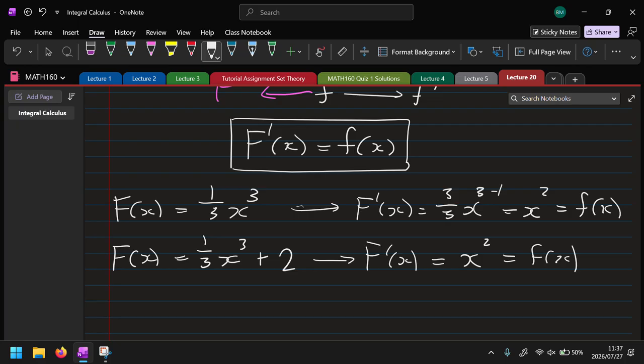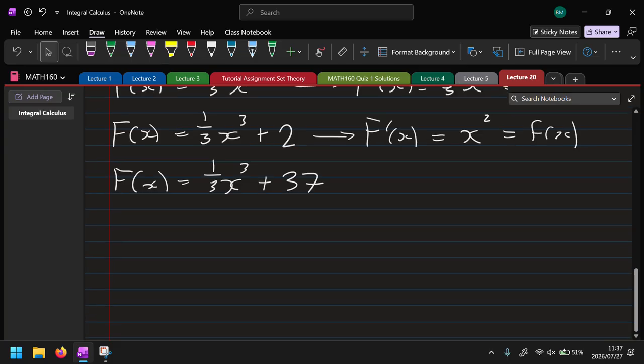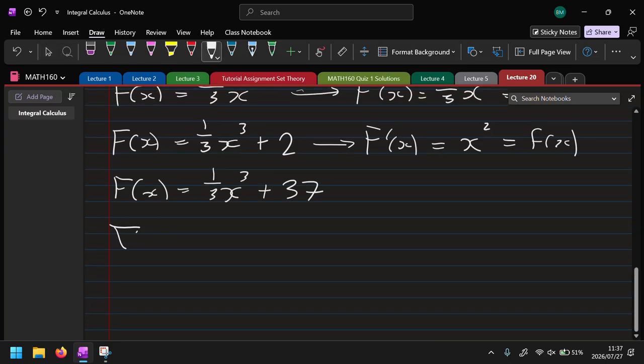Both satisfy the property that if we do the derivative, we get the function that we want. We could also do 1/3 x cubed plus 37. That would also work. In fact, we can take this 1/3 x cubed, add any constant to it, and that will be another antiderivative.